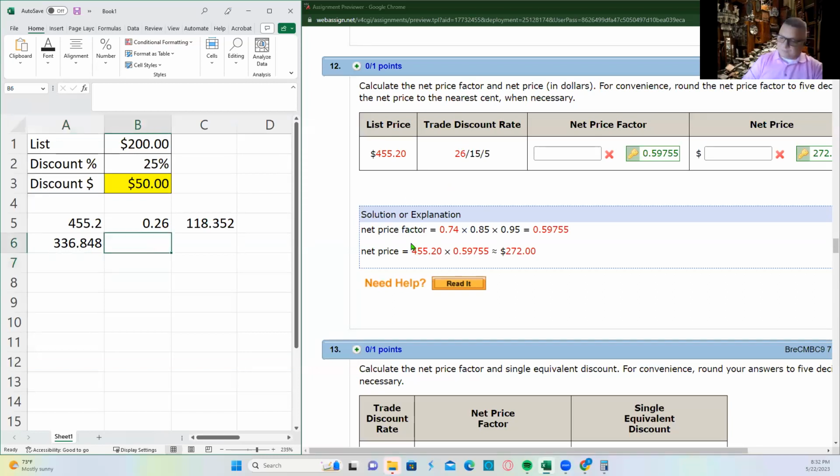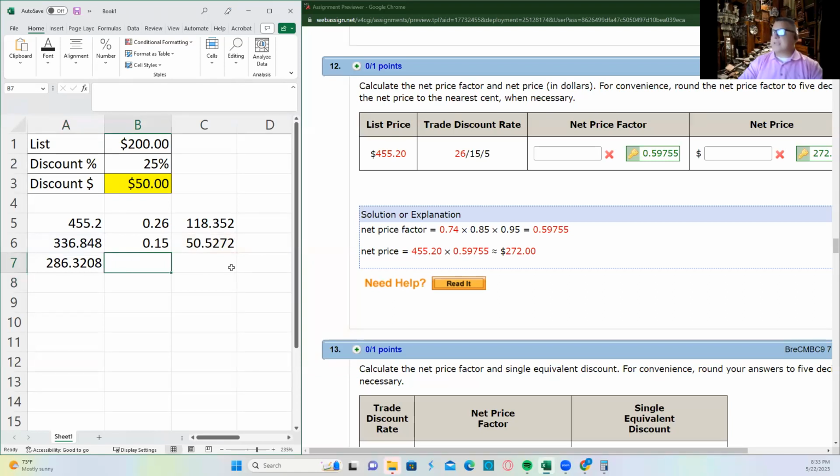Our next discount level is 15%. So now I'm going to take this new number times the 15%, and that's $50 off. So my price here minus my discount is $286.32.